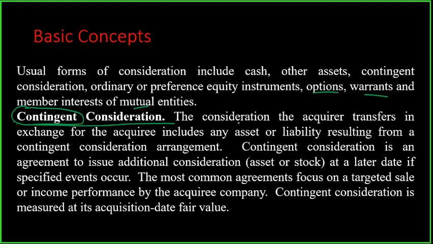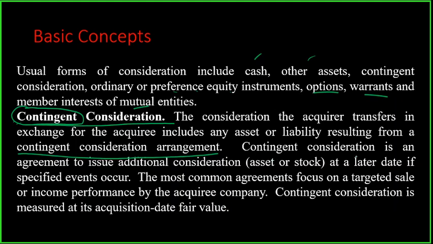The consideration the acquirer transfers in exchange for the acquiree includes any asset or liability resulting from a contingent consideration arrangement. So that's possible, no? Aside from the assets, the liabilities, and the securities which were issued, as an addition to your consideration or purchase price, is a contingent consideration.